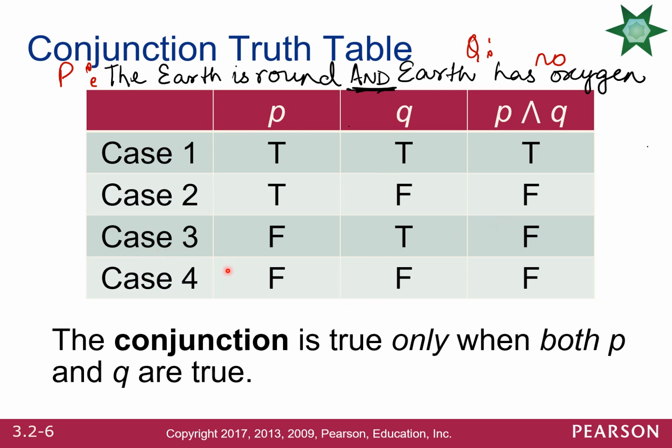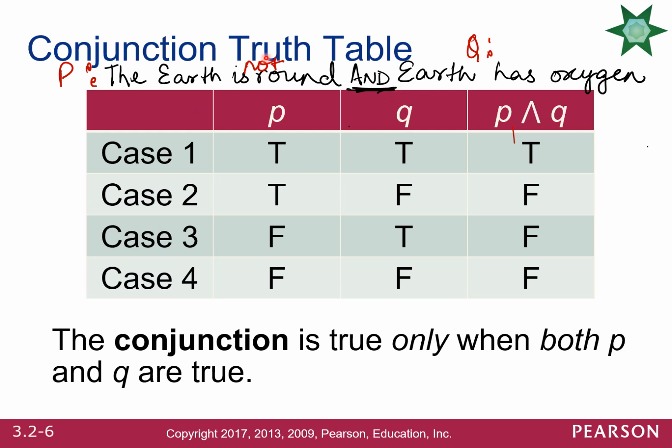Okay. Case 3 says the first one is false. So let's change again. The first one is going to say the earth is not round. Earth is not round. And for Q, it is a true statement. So I'm going to erase that and make the second statement true now.